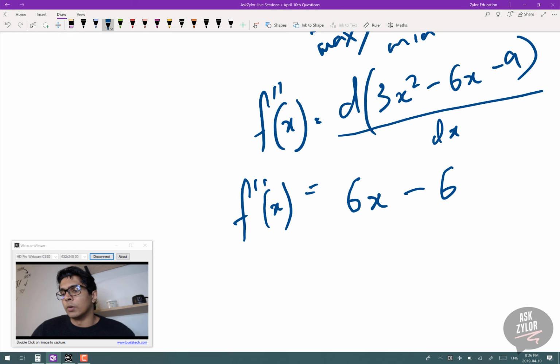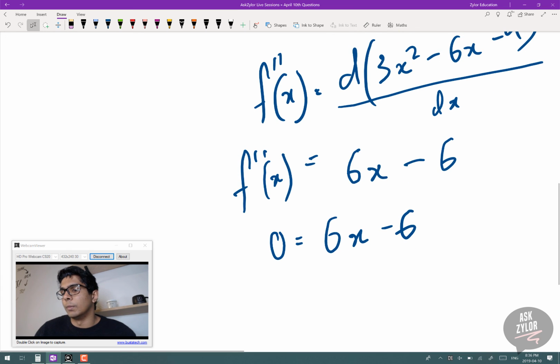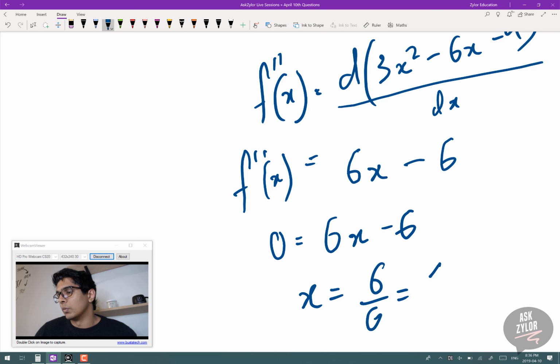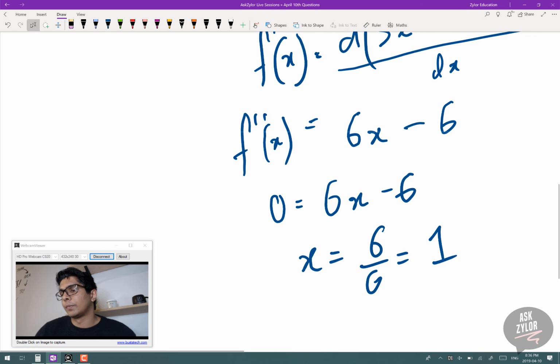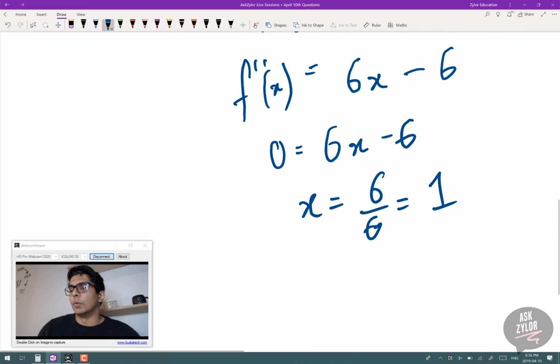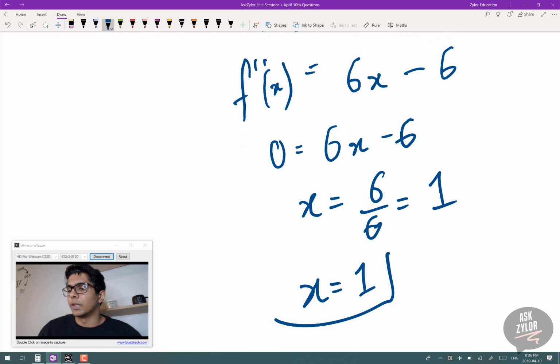So I can go ahead and find any inflection points right now. So this is going to be 6x minus 6. I'm going to make the second derivative equal to 0 and solve for x, which gives me 6 over 6, which is just 1. So when x is equal to 1, I have an inflection point.